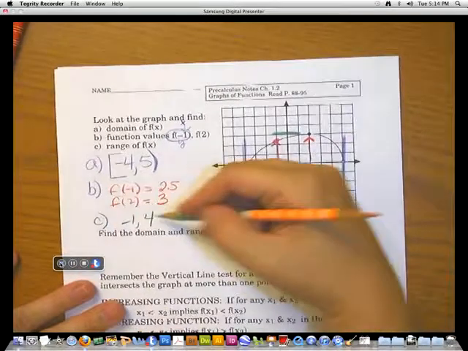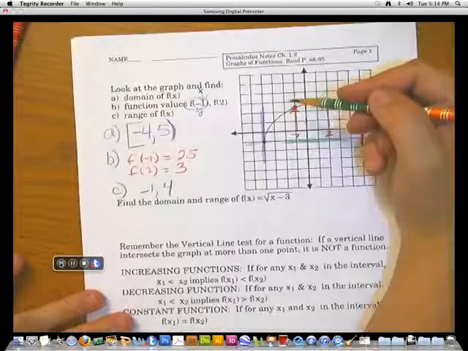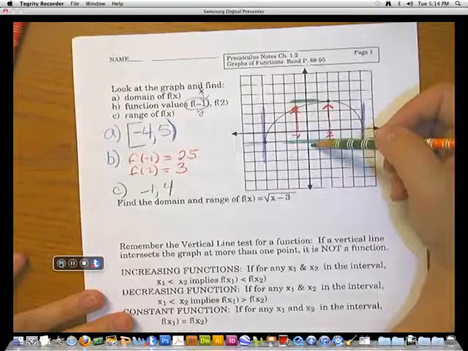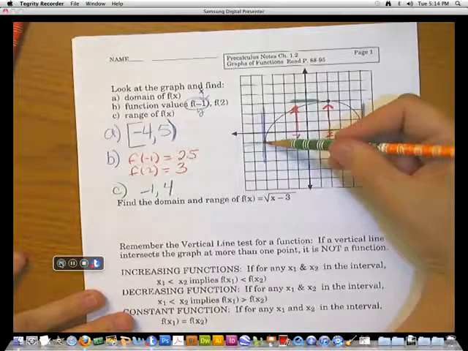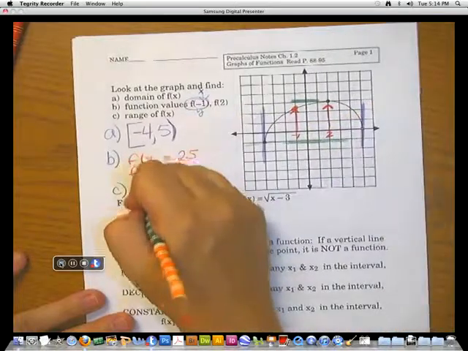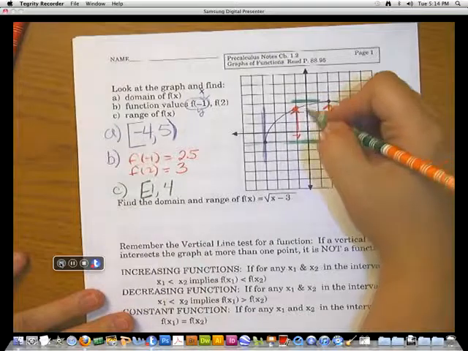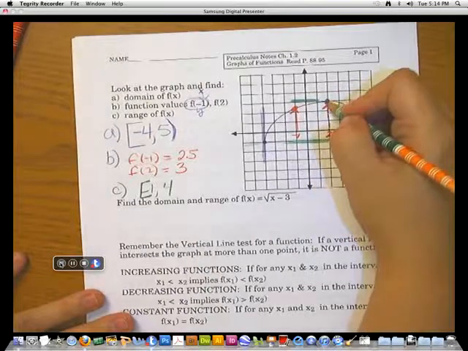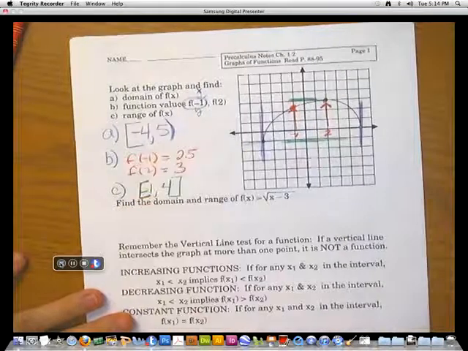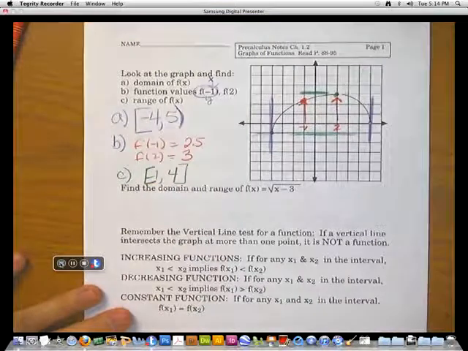Now we always go in order from smallest to biggest. And at -1, I look at the point. I am touching it, so it is inclusive, bracket. And then I go up to my highest point, and it is touching it. So a bracket is going to be used on that one.